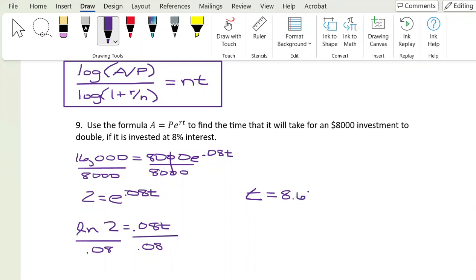So again, taking a step back, what we have here is ln of A divided by P, divided by r. So again, this is a general formula that you could use to find t. Just plug in a, p, and r into this formula, and it will give you the value of t.